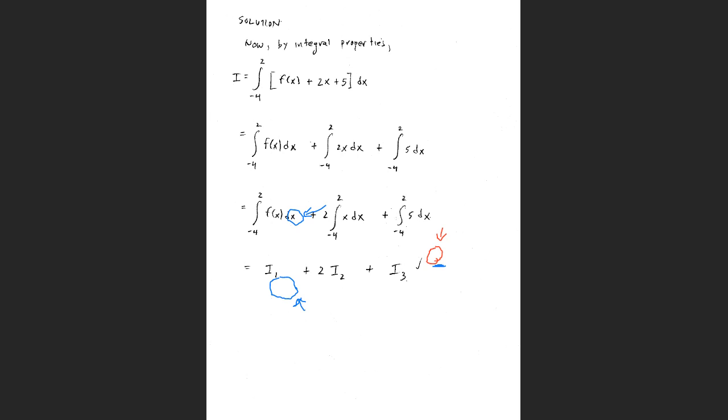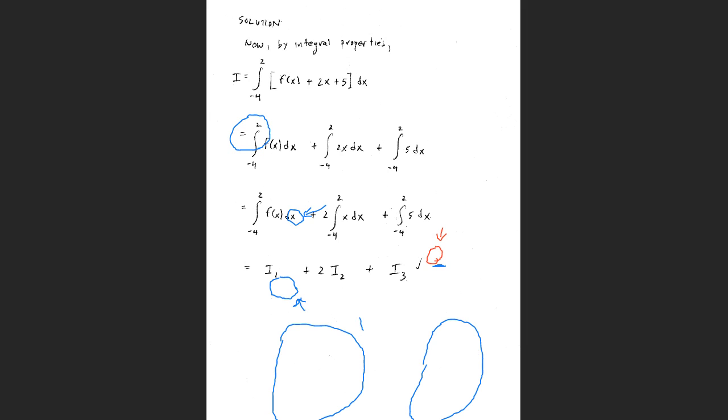Now what I need to do is compute these separately. By the way, in the beginning, I called the integral I, and that's not uncommon when you have a definite integral, you set it equal to the capital I. So my capital I integral would just be equal to I sub 1, the first integral here, plus 2 times the second integral, which I call I2.